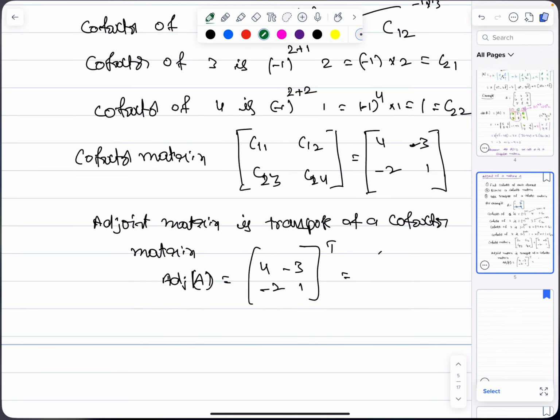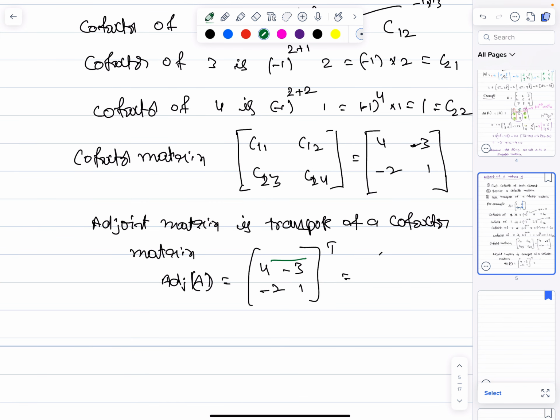That is, this is becoming a column matrix, that is 4, minus 3, and this is becoming a row matrix, minus 2, 1. This is your cofactor matrix, and then adjoint is the transpose of that. So, adjoint is 4, minus 2, minus 3, 1.